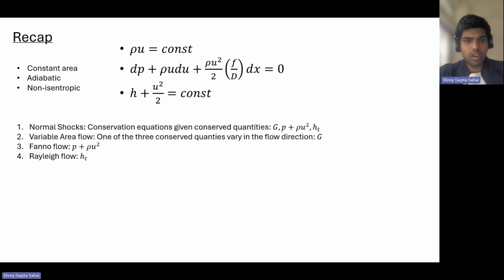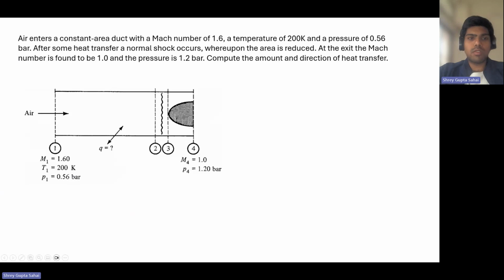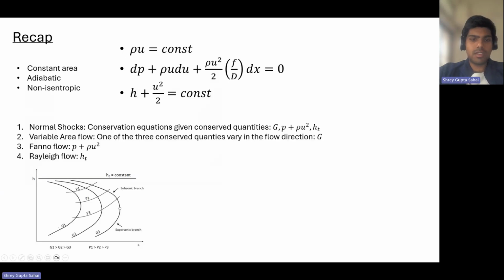Something of this sort. Let me bring that into the frame. Something of this sort was there, and then we also happened to see something of this idea.